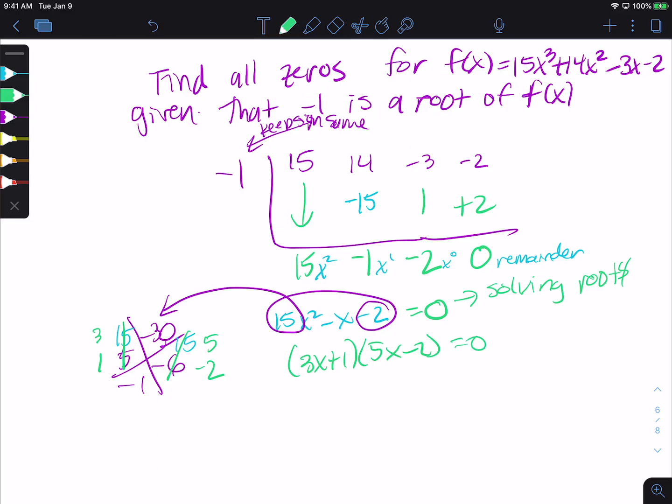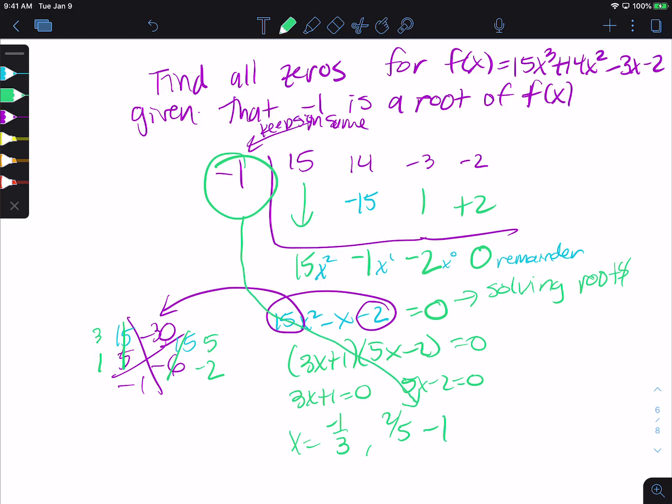So that means here, if I set this equal to 0, that means I change the sign of this one, divide by this one, so that gives us negative 1/3. And then I change the sign here and divide by this one, so that gives us 2/5. And then don't forget this one, because this one was a factor as well of negative 1. Right? So then all of these are our x-intercepts.